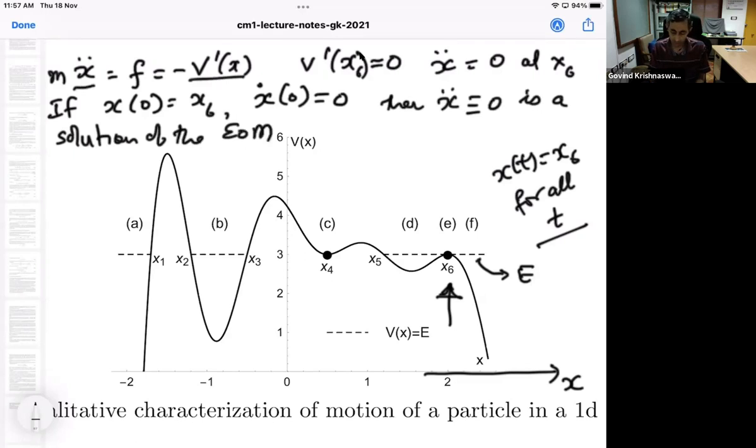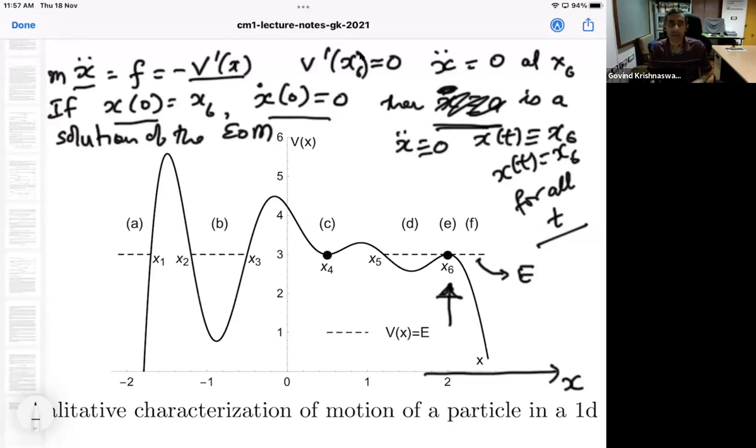The left-hand side is also 0. Both things are correct: x double dot identically 0 and x of t identically equal to x6 is a solution of the equations of motion.